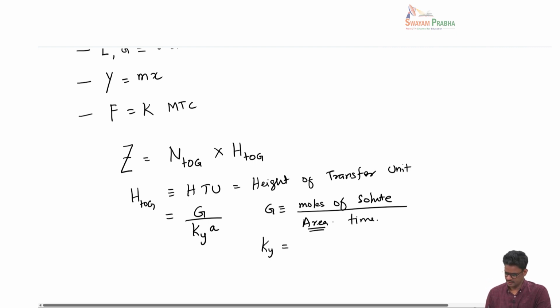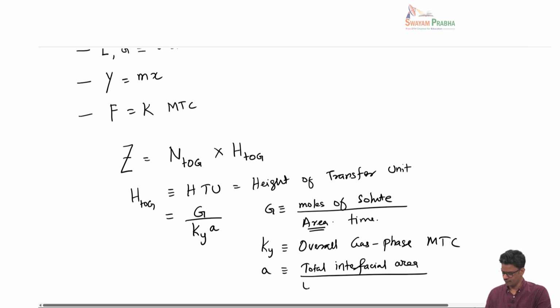KY is the overall gas phase mass transfer coefficient, and a is the interfacial area available for the mass transfer, which is a characteristic of the packing material. Total interfacial area per unit volume of packing.